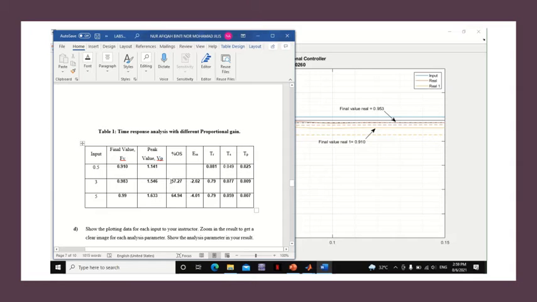So I have got the percent of OS is 25.38. To calculate the ESS, the formula that I have used is final value minus input. So my final value is 0.910 minus the 0.5 gain. So I've got 0.41.